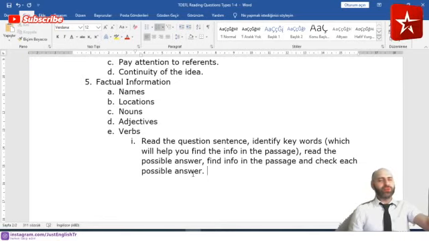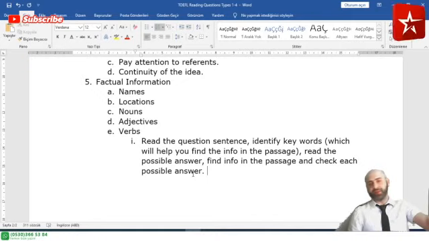Now, why do you need to still check other answers? Maybe you will ask me. And my answer is that TOEFL sometimes asks you what is the most correct answer. Okay? So there can be some doubts about it.